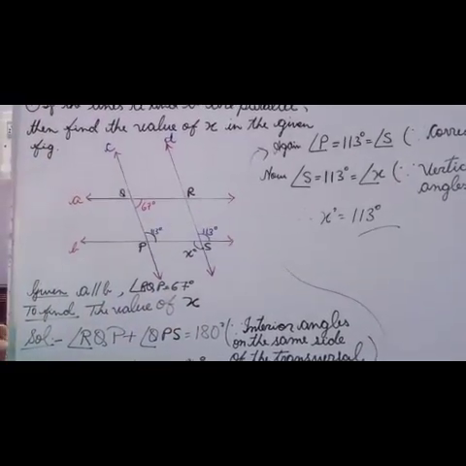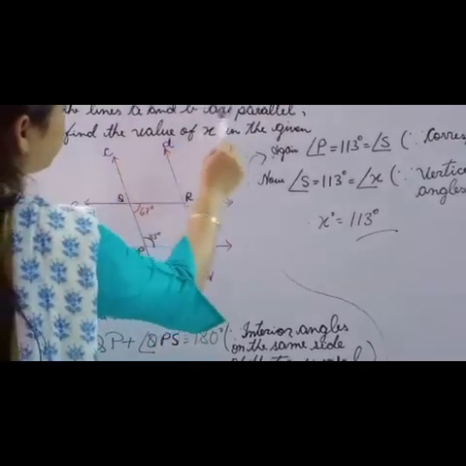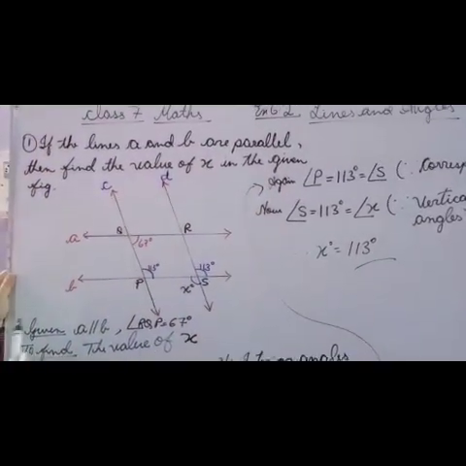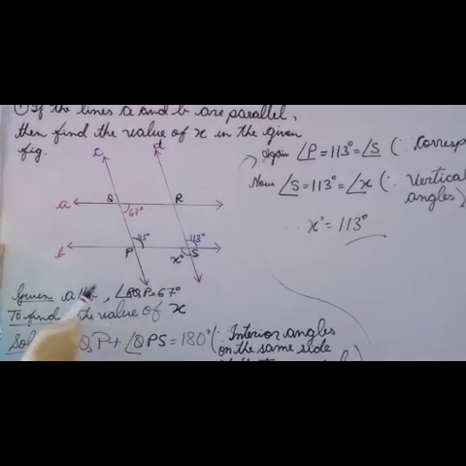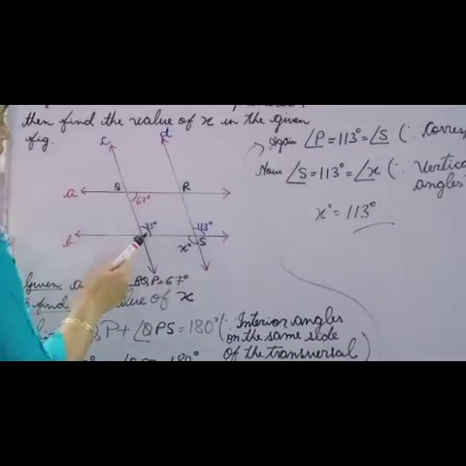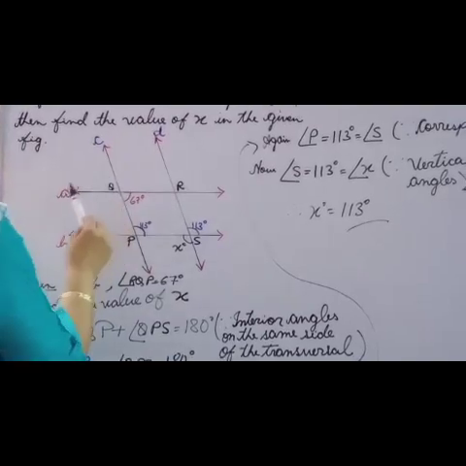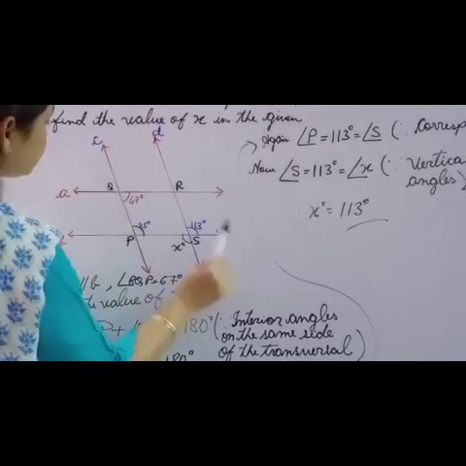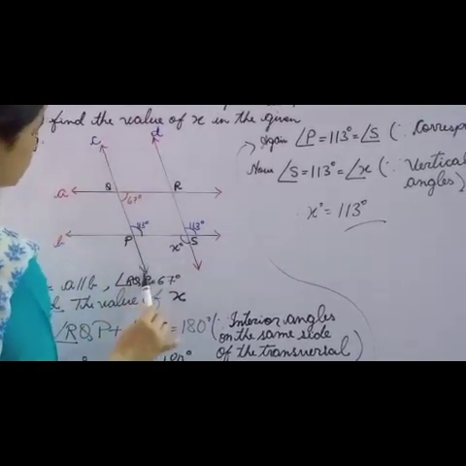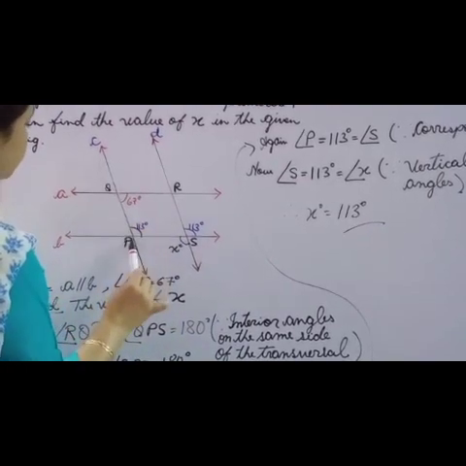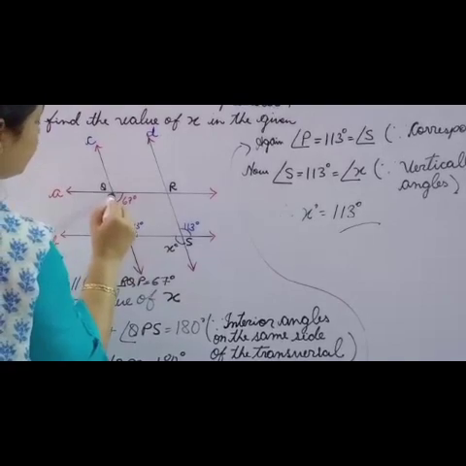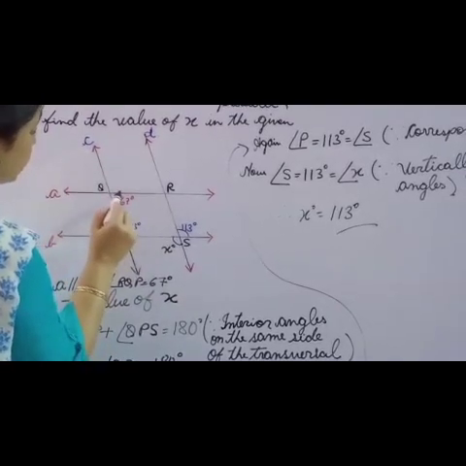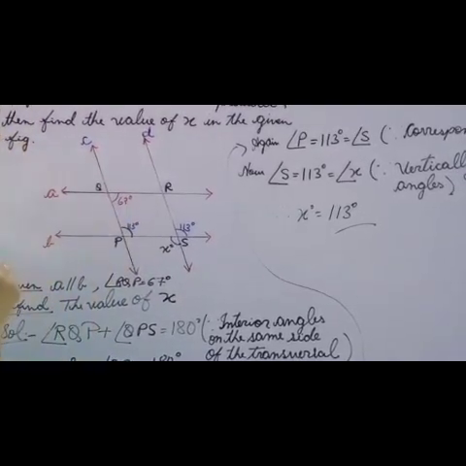Now we will start. When we are told that A and B are parallel lines, we remember some properties about the corresponding angles, alternate angles and the interior angles on the same side of the transversal. Now, suppose A is parallel to B and C is the transversal which intersects A and B at points Q and P. Now you see, this angle is 67 degrees.